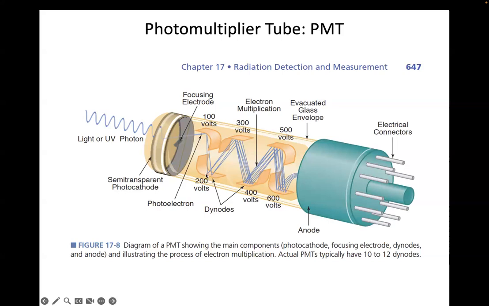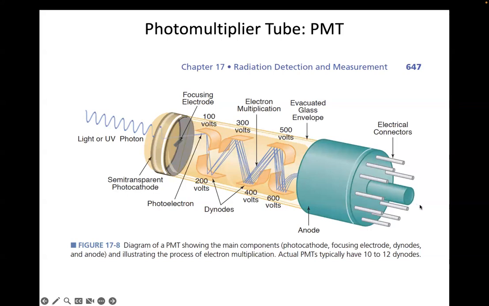And then each one of those electrons creates a shower itself. And so you get an exponentially growing number of electrons going through each one of these voltage drops. And so by the time you get to the end here, this shower of electrons is considerable, right? So you have a large enough amount of charge to generate a pulse out of this thing.